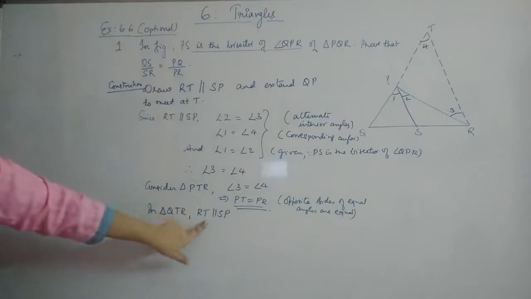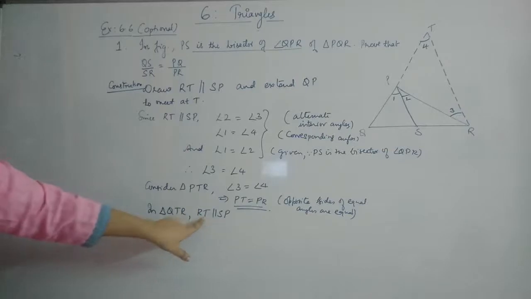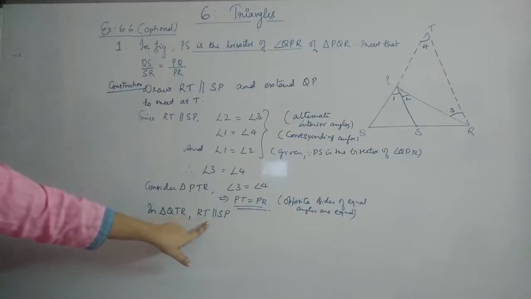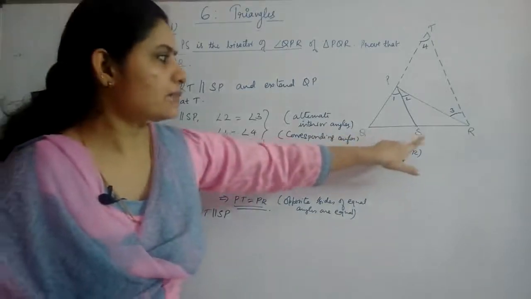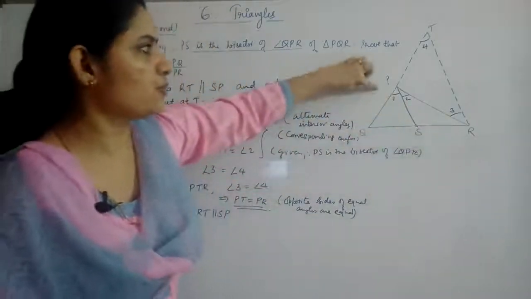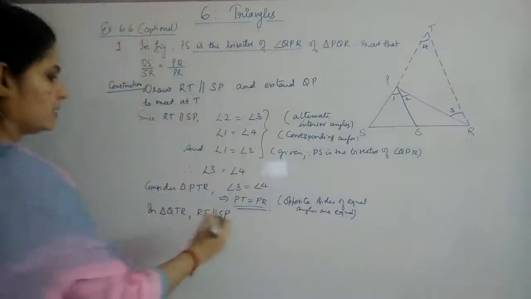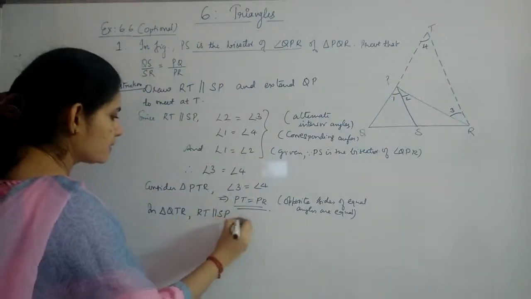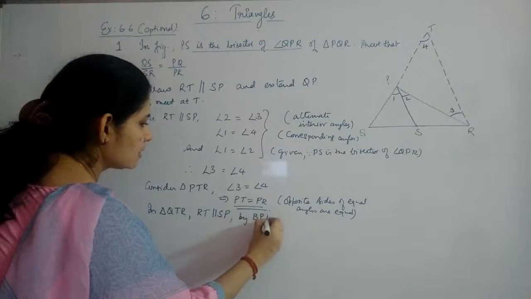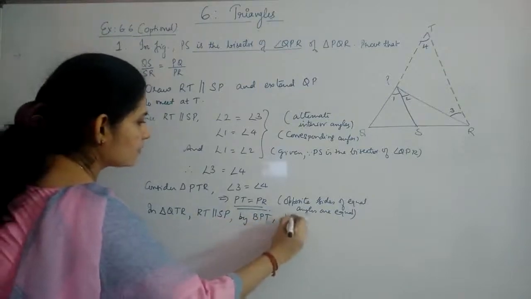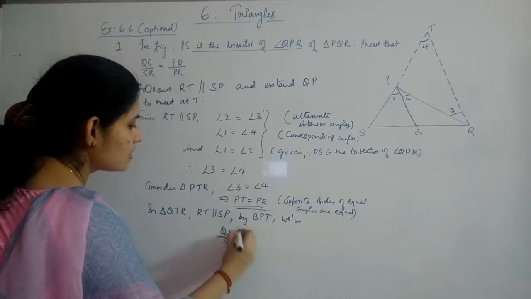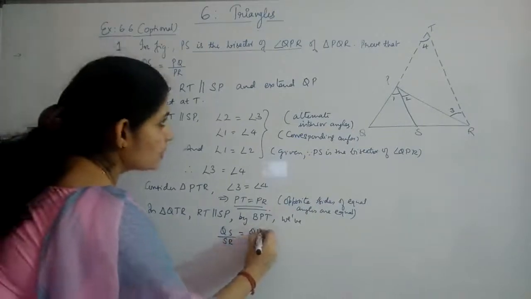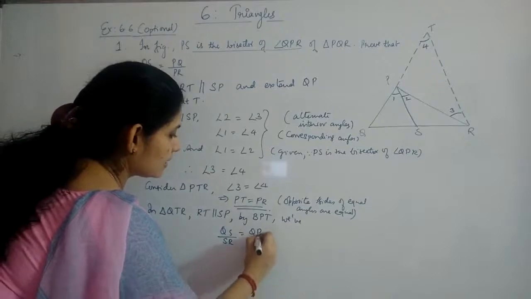So from this concept, we can use the basic proportionality theorem, because in that triangle, if you have a parallel line, you will have the fraction. Which fraction you will get? QS by SR will be equal to QP by PT, right? By BPT, we have QS by SR is equal to QP by PT.